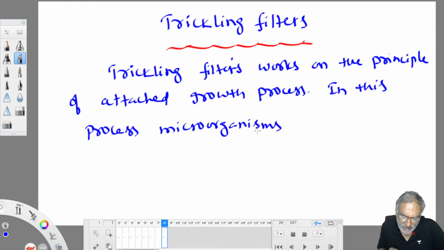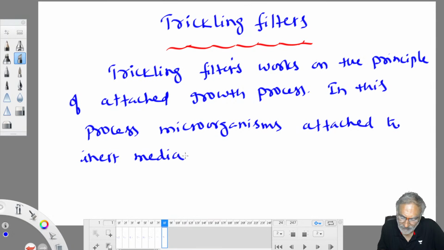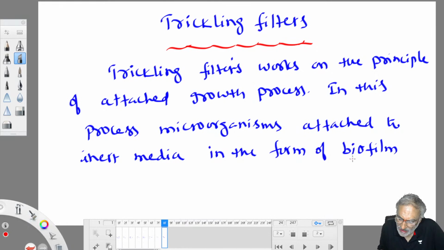Microorganisms are attached to inert media in the form of biofilms. Biofilm means what? A film, a layer carrying microorganisms.